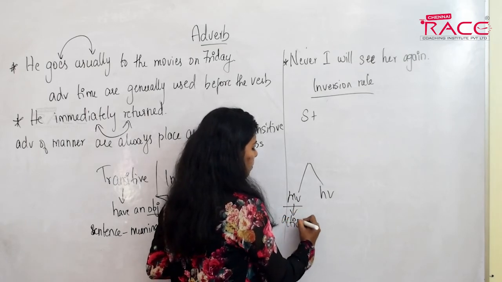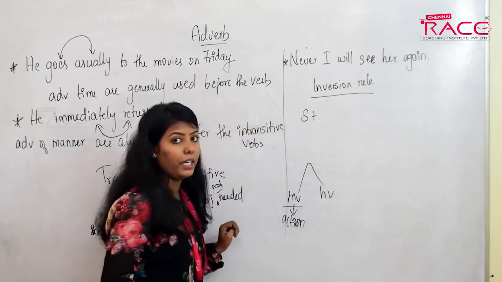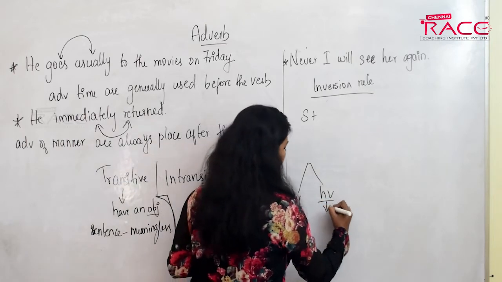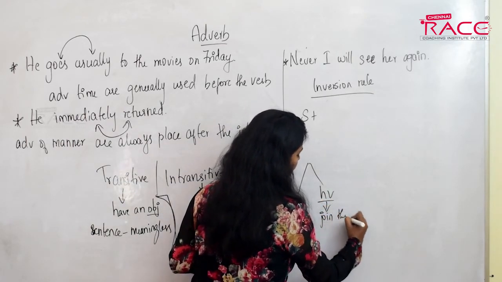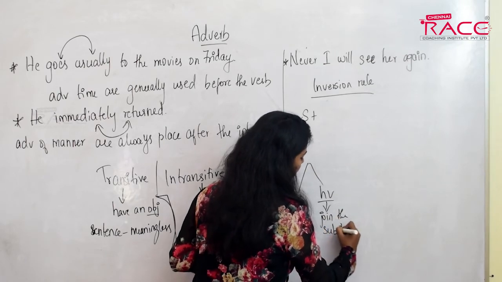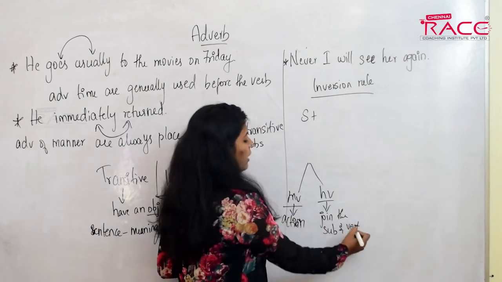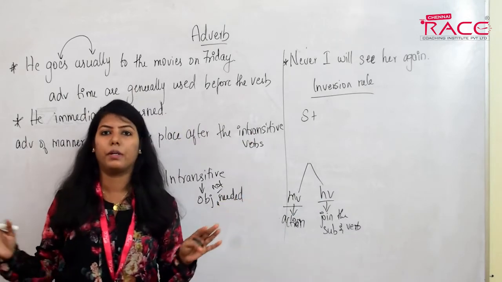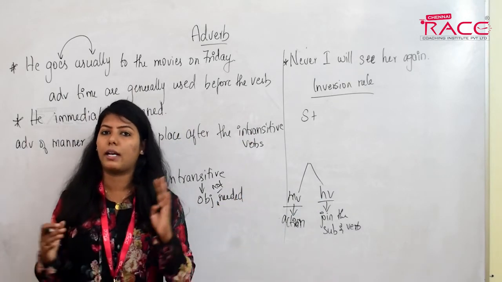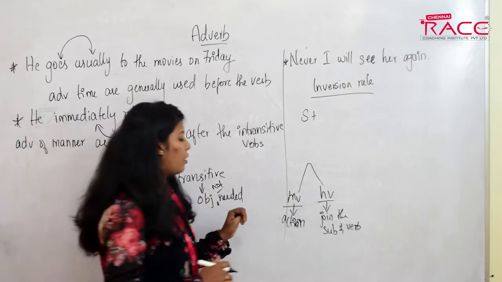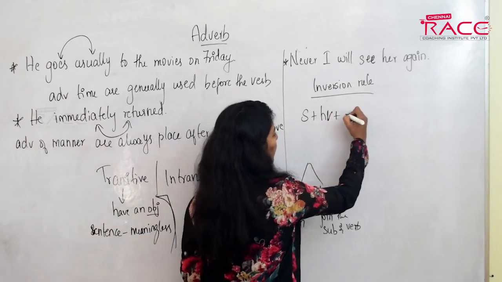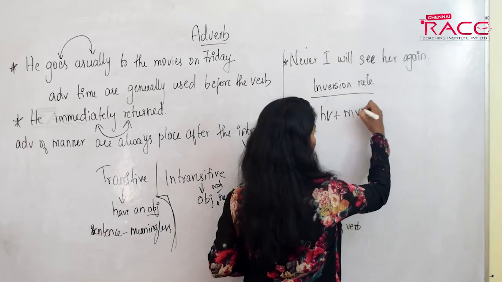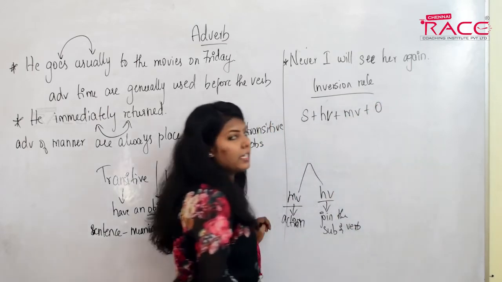Helping verb helps to join the subject and the main verb. So here am is the helping verb, going is the main verb, and the remaining part of the sentence is the object.